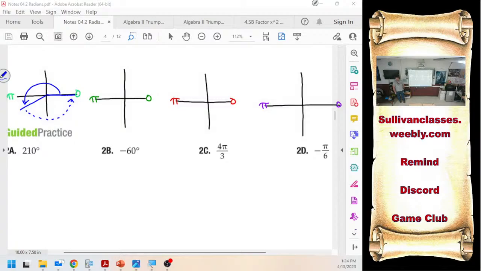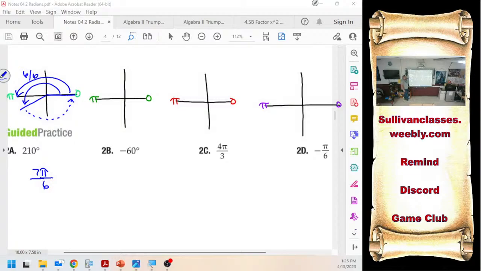A sixth of the way there, right? Or 30 degrees of the way there. So if that's 1/6 of the way to the next pi, and this much is 6/6 of the way there, I am 7/6 of the way through the circle.